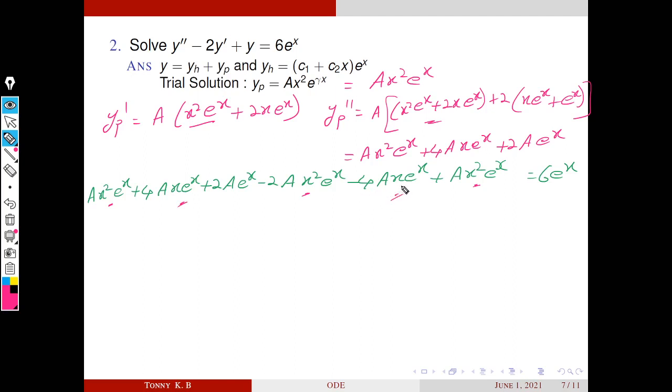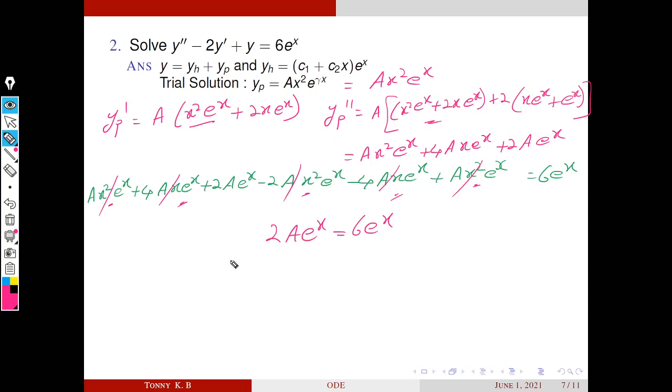This is minus 4a x e raised to x, this is plus 4a x e raised to x. So you can cancel these two. Similarly we cancel these three, and lastly we have only one term, that is 2a e raised to x. So 2a e raised to x is equal to 6 e raised to x.